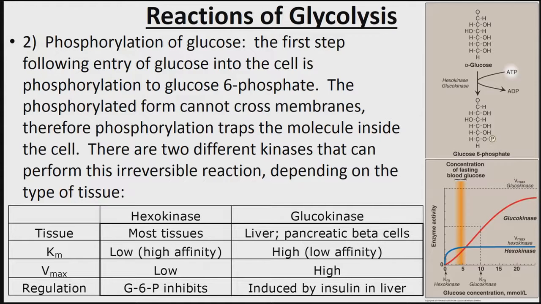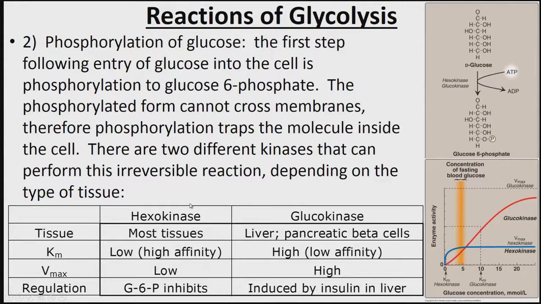So once it's phosphorylated, it's trapped inside that cell. It's not going to leave that cell. If you wanted it to leave, you'd have to dephosphorylate it, which you'll see later in gluconeogenesis. But now that you've phosphorylated it, you've trapped it inside the cell. That's the main point of doing this. I told you we have two different enzymes that are present in different tissues.